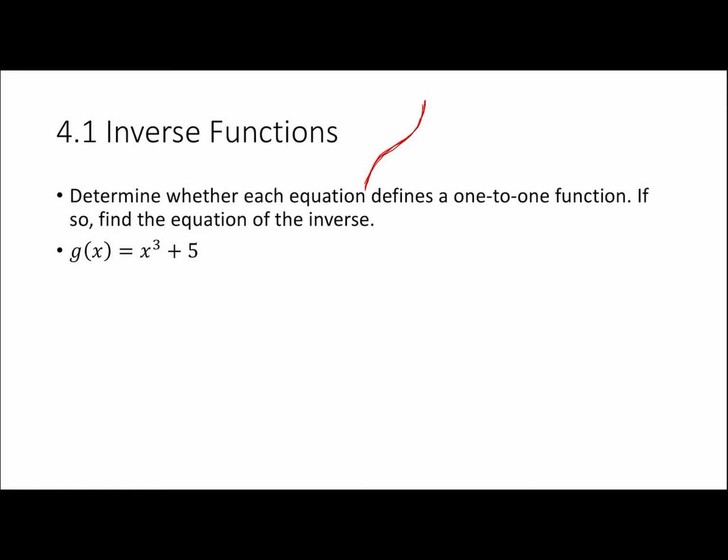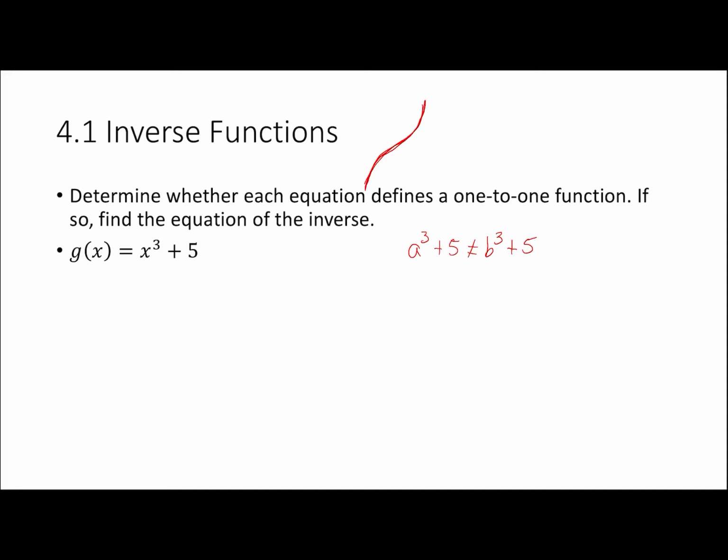by finding f of a, so putting a in place of x, and showing that that is not going to be equal to f of b, so b cubed plus 5.